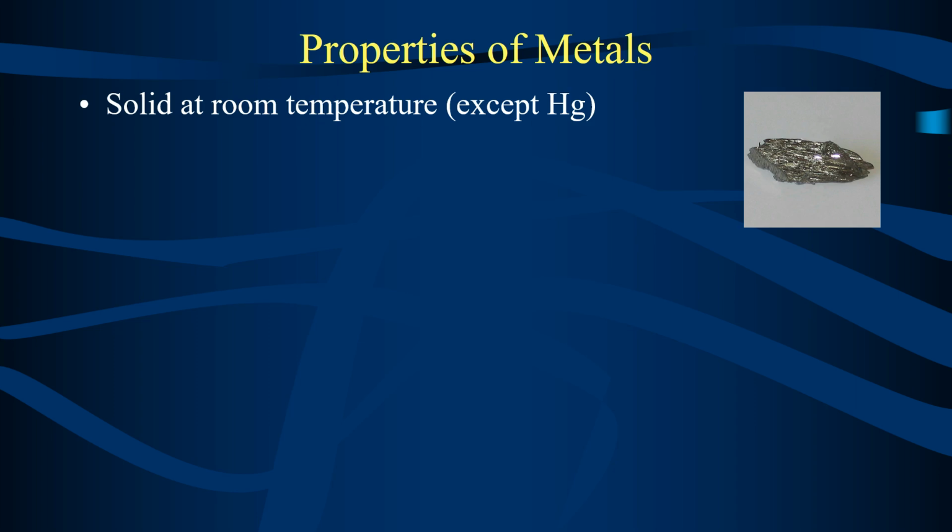The metals, for the most part, are solid at room temperature, with the exception of mercury, and sometimes gallium, because gallium has a really low melting point as well. But the majority of the time, when we dig these up, we're going to dig them up in solid form.